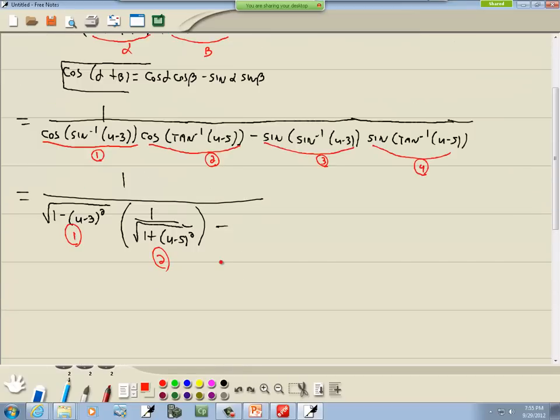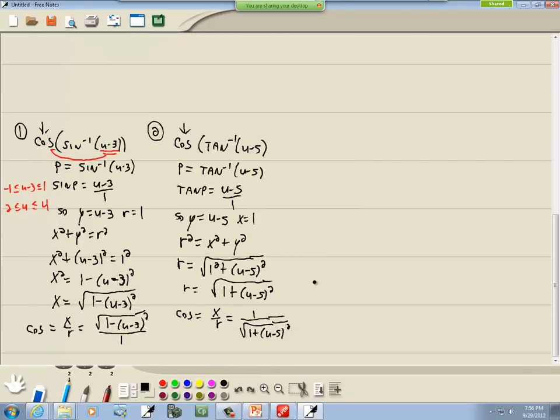Okay. Now, assuming that u minus 3 is valid for sine, and we put stipulations on it to make it valid, then these are going to cancel each other out. So here you're left with u minus 3. Now over here, we already found the inverse tangent of u minus 5. So we know what x, y, and r are. So sine, our outer trig function, this right here, is equal to y over r.